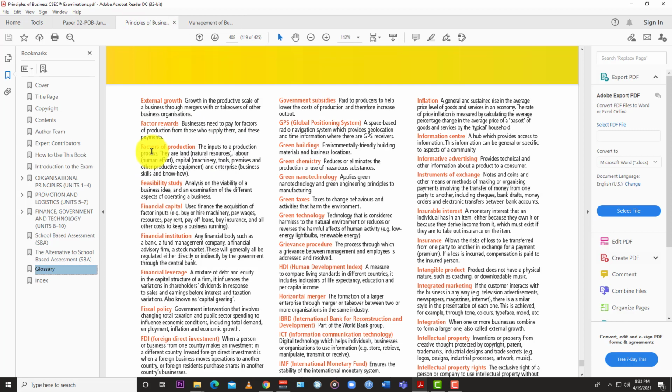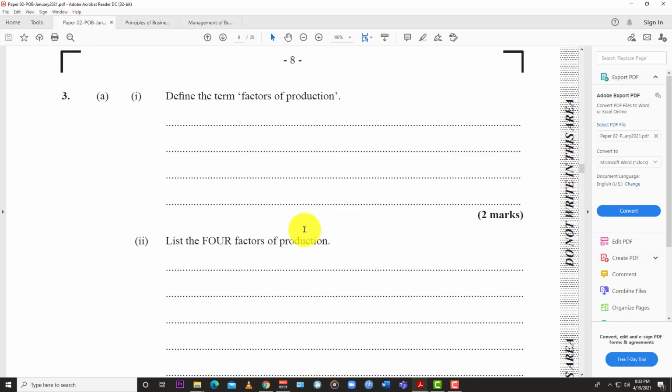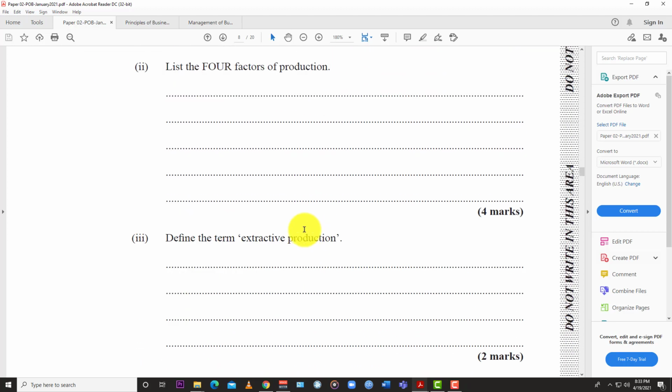But sometimes I don't like to use the word in the definition, so I'll just say the inputs used to make goods and or services, and that would be the factors of production. So very easy, 2 marks for that one. Production is a very easy chapter for POB.